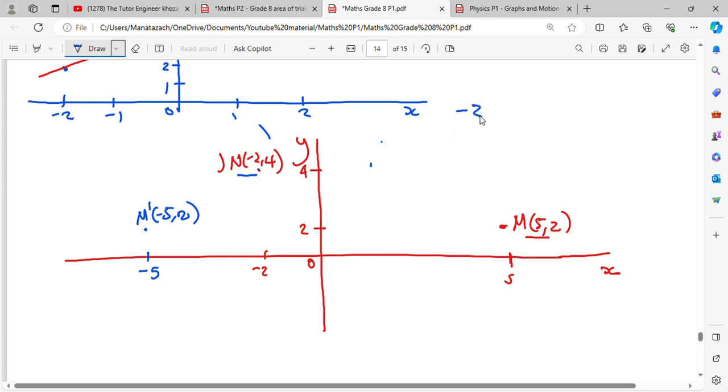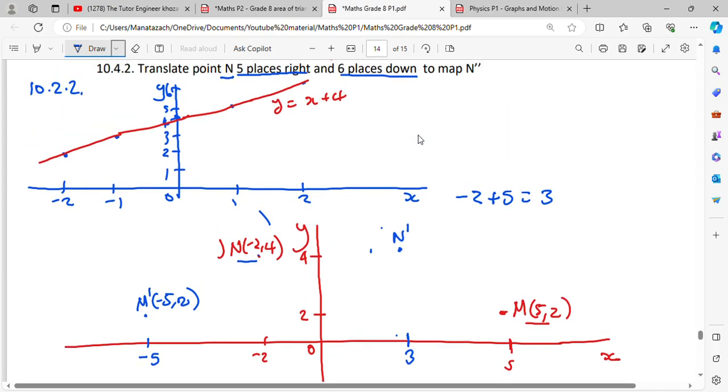The x coordinate is going to be minus 2 plus 5 because you're going to the right, which is going to take us to 3. So 3 is over here, and then N, if it moves 5 places to the right, it's going to be over here, right? Let's call it N prime. N prime is 3 and 4.